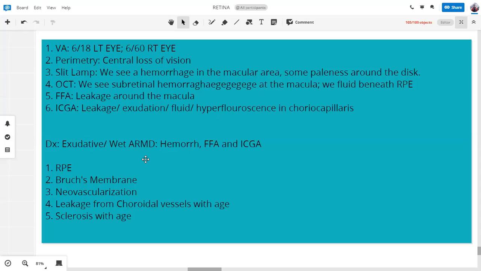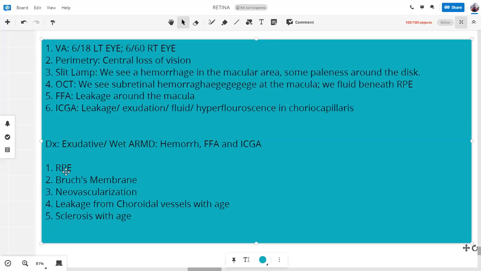If there's neovascularization and leakage of the vessels elsewhere, then yes, there will be a detachment. That is called choroidal detachment. And if the pigment epithelium detaches from the Bruch's membrane, then yes, that is called pigment epithelial detachment. That occurs in ARMD, and it occurs elsewhere as well if there are choroidal diseases, like we discussed last time.